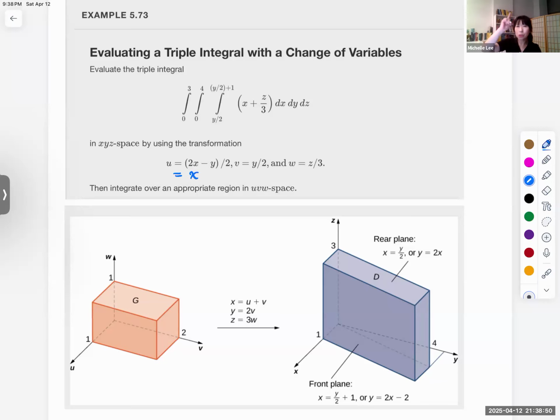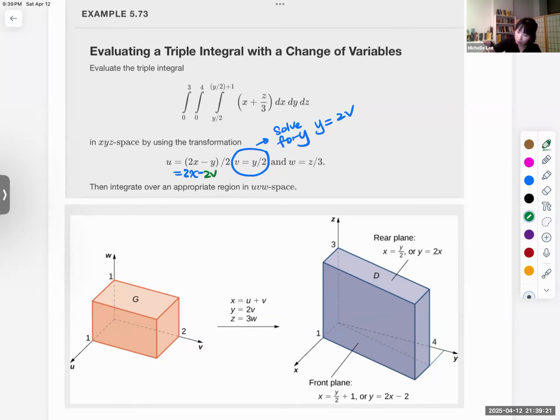Hold on one second. Let us do this one first. I'm sorry, not y. v equal to y over 2. So solving for y, y equals 2v. Okay, so we have 2x minus y equal to 2v, then over 2, so there will be x minus v.